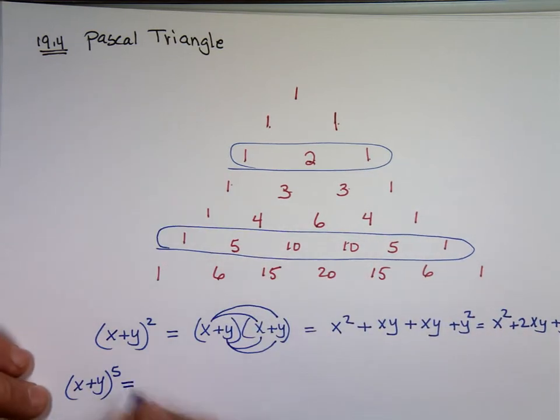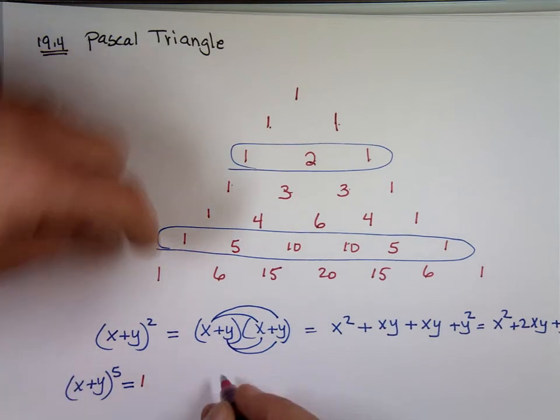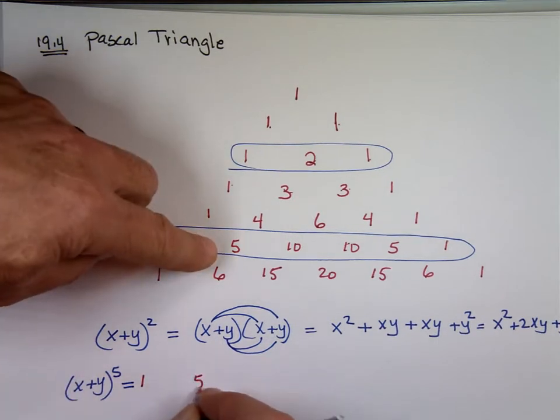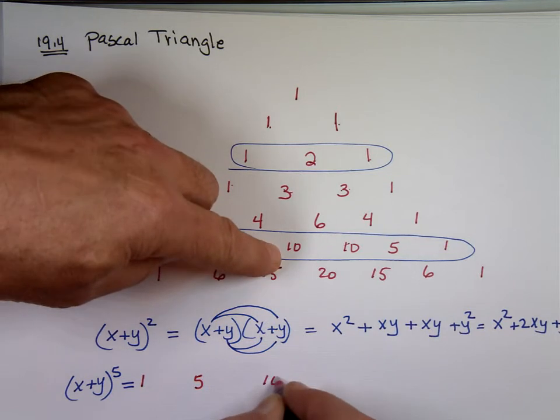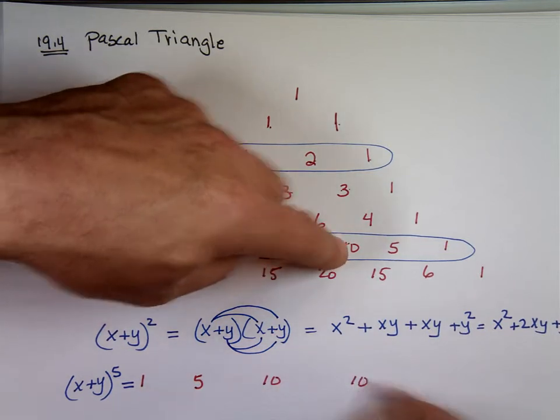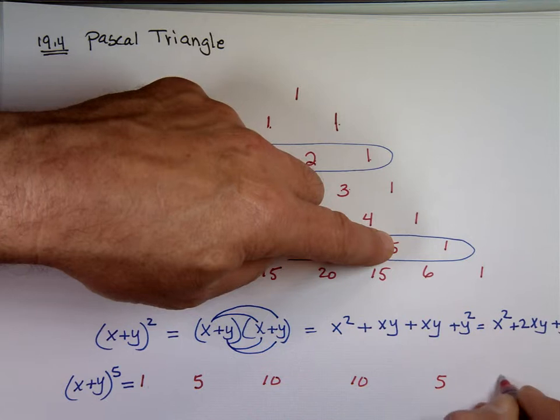So here we go. Let me write them down. 1, leave a space. There's more stuff that is going to go there. 5, 10, 10, 5, and 1.